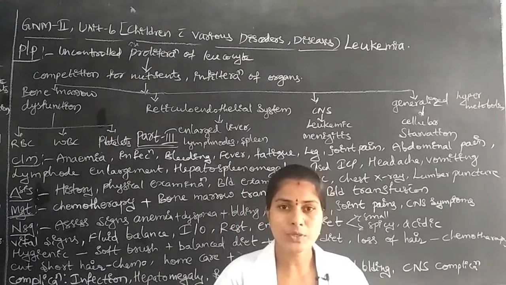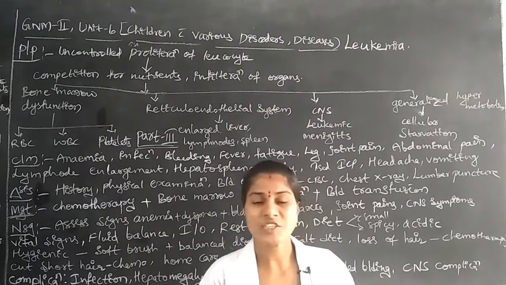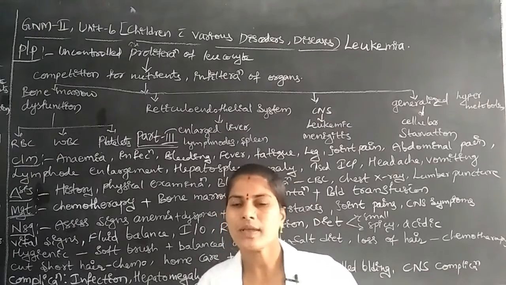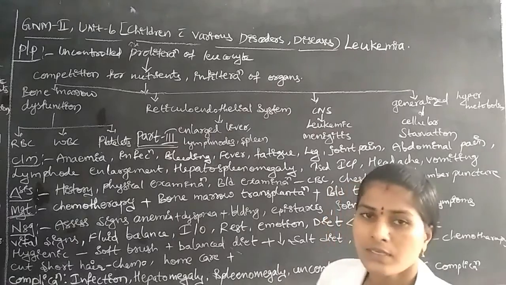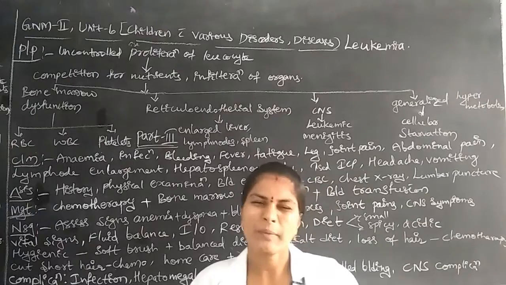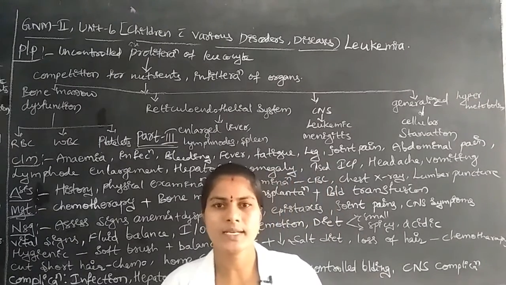Before giving chemotherapy to the children, we have to cut the hair short. Next is health education to the parents for home care. We have to give chemotherapy to the children for a prolonged period. Why?